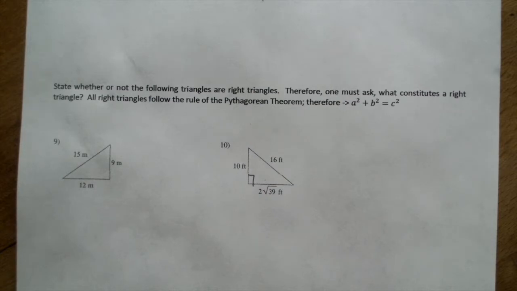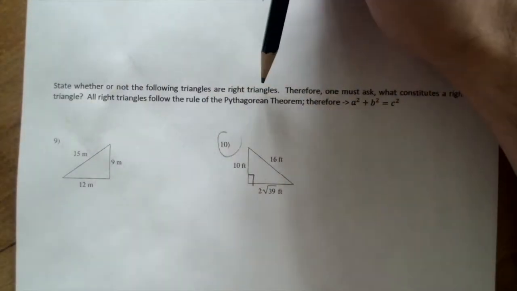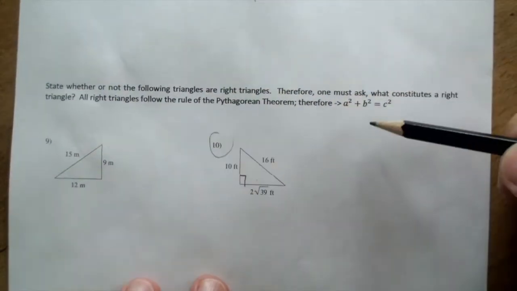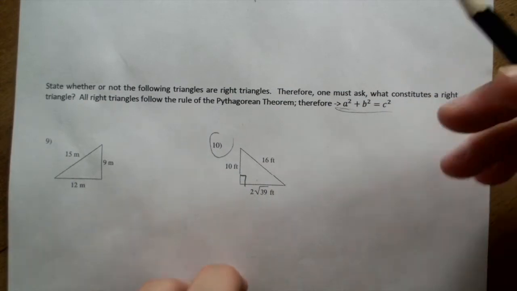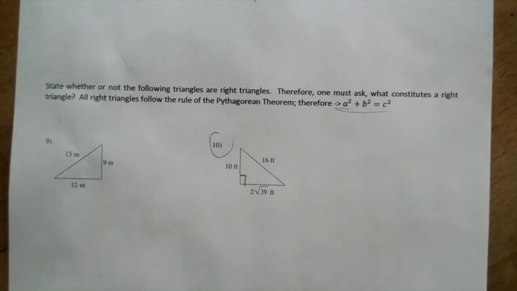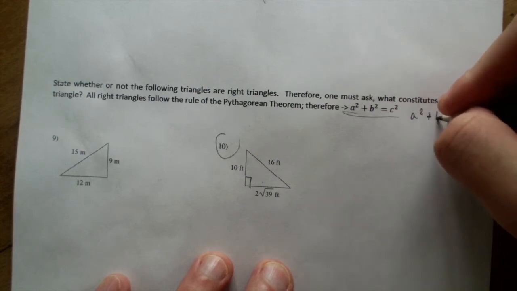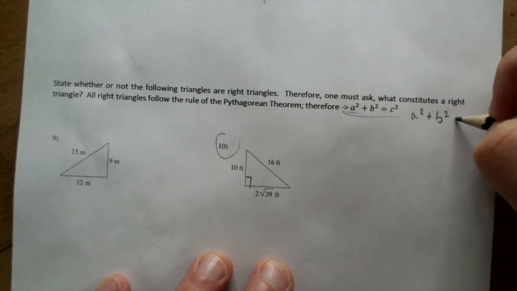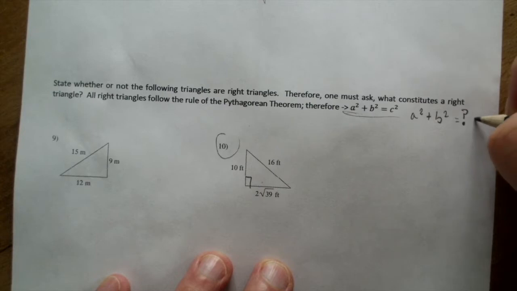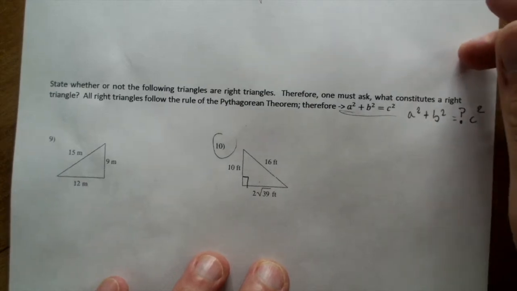Here we're being asked whether or not either of these triangles are a right triangle. So we're going to take a look at number 10. And we're going to be figuring out whether or not these are a right triangle. Essentially what we're looking for is whether or not our Pythagorean theorem actually is true. Oftentimes the way that you might see this question written, a squared plus b squared equals question mark c squared.